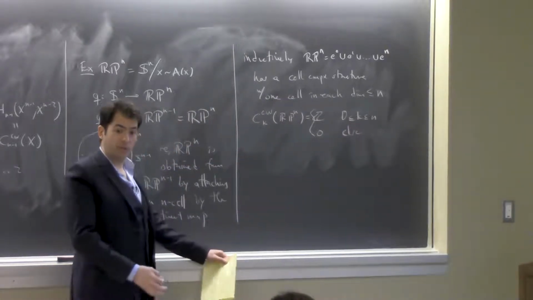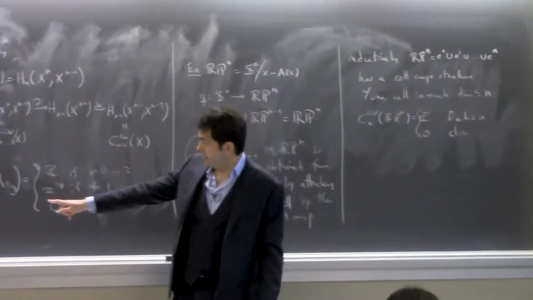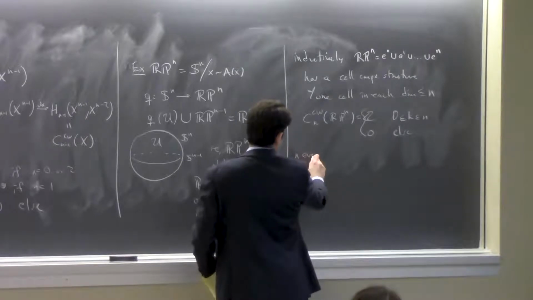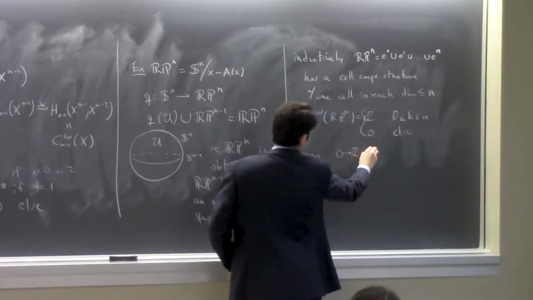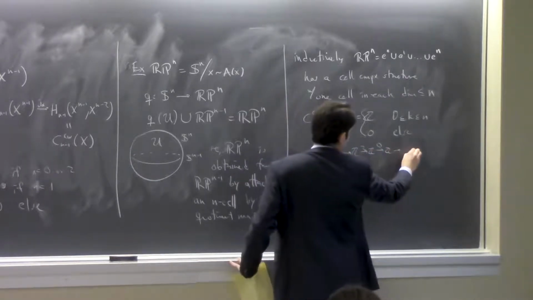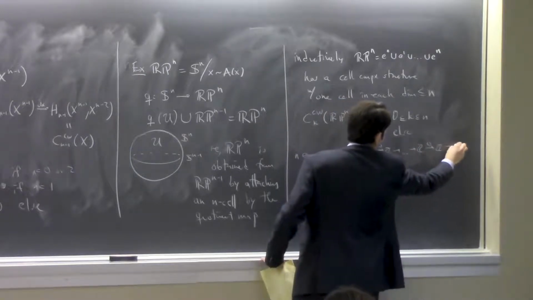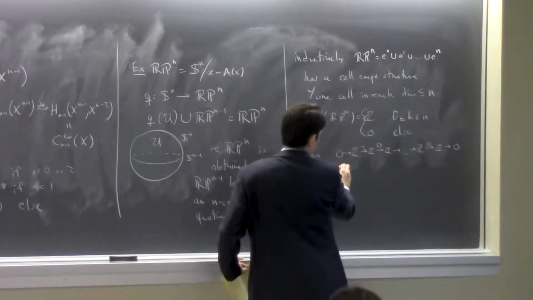All right. And last time we computed the degrees of these boundary maps, and we saw that the complex looks like this, where each boundary map is multiplication by either 0 or 2, depending on parity.